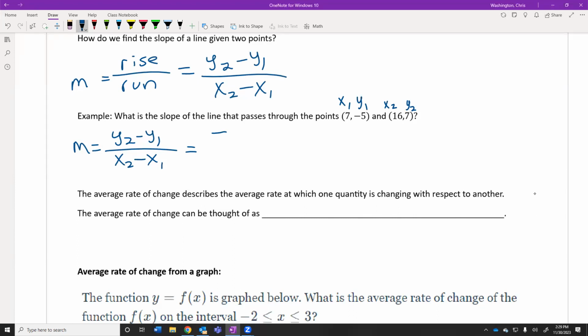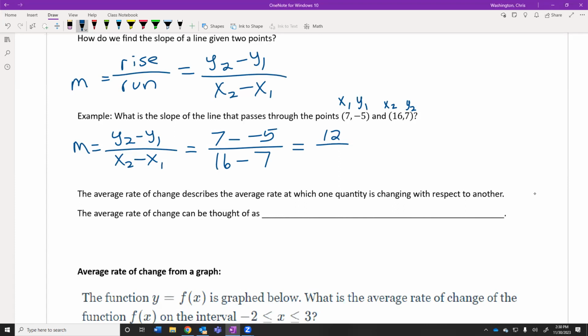So in this case, y2 is 7, y1 is -5. Be really careful when you subtract, because 7 minus -5 is not 7 minus 5. Those are actually very different. And then x2 is 16, minus 7. 7 minus -5 actually ends up being 7 plus 5, which is 12.